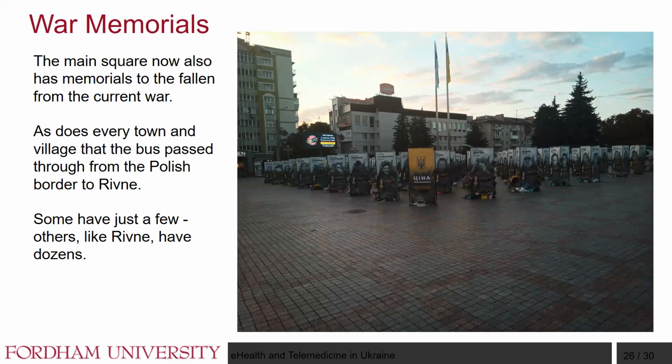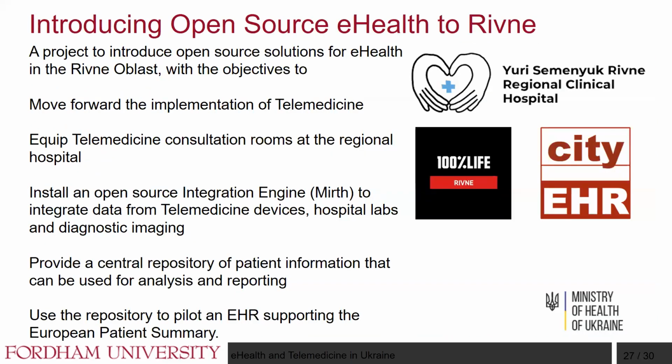For these, I don't know how many there are, there's hundreds in Rivne. And in fact, as the bus comes from the border, every little village and town that you pass through has memorials like this. You start to realise what a heavy toll it's taken on the population. So that's the situation there.